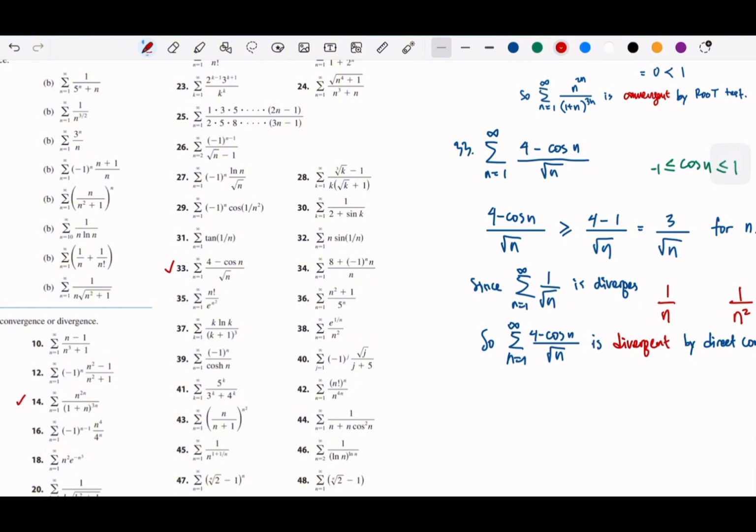Which 42? This one? Interesting. This is something that you need to make sure you know how to do. This will be really important.